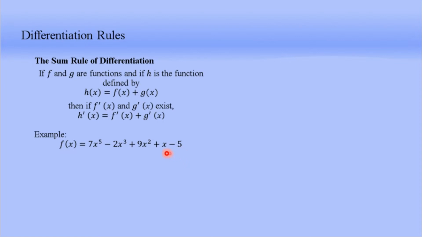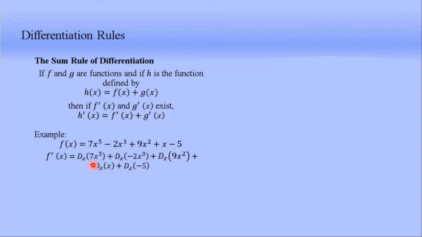So basically, what we're going to do is find the derivative of each term. Okay, so we have five terms: 7x raised to the fifth power, negative 2x cubed, 9x squared, x, and negative 5.